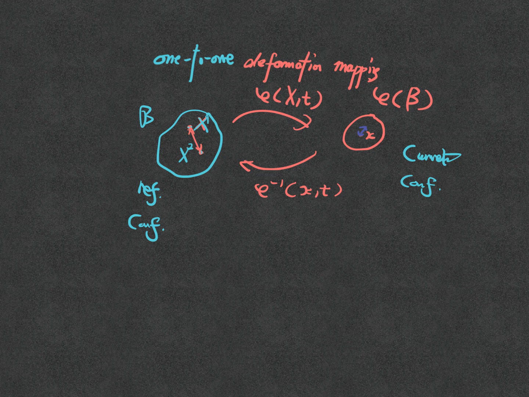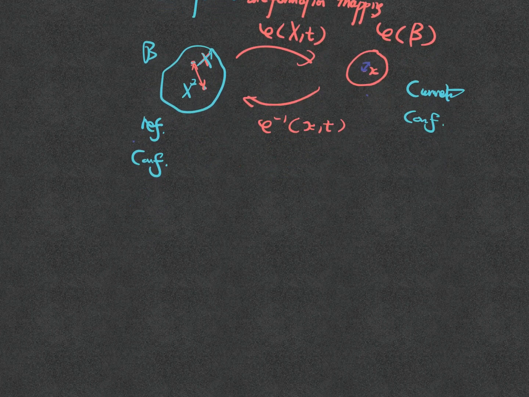Can you guys see that the mapping from the reference to the current configuration is some kind of motion, given the time? It's a mapping. Let me give an example. If I write in 2D, x1, x2 equals ax1 plus b, equals ax2 plus c.